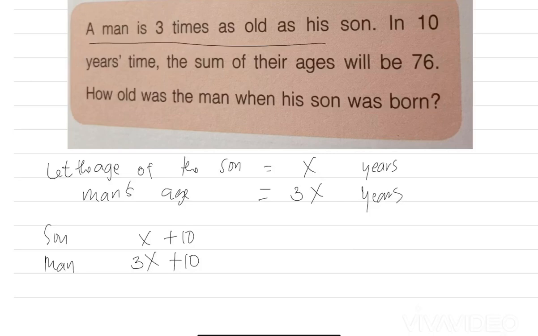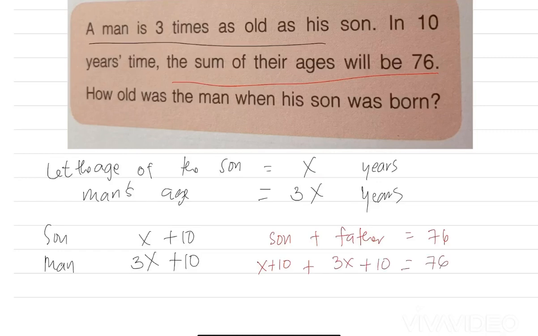Another piece of information is that the sum of their ages will be 76. So son plus father is equal to 76. We add them together: x plus 10 plus the father's age, 3x plus 10, is equal to 76.